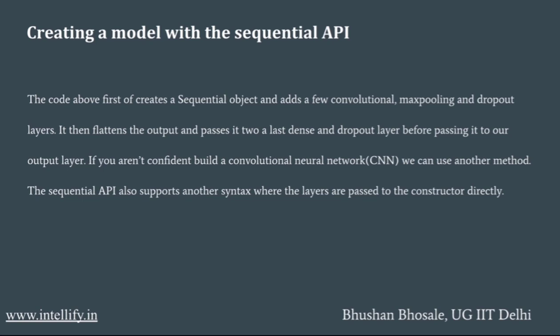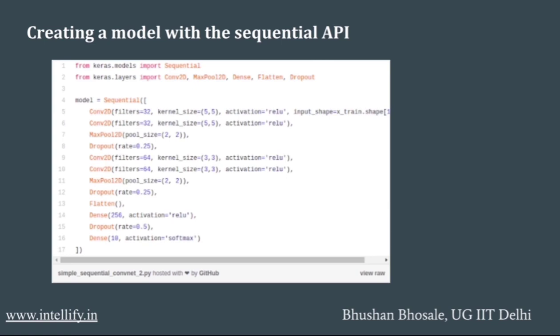The sequential API also supports another syntax where the layers are passed to the constructor directly. So we'll see how the layers are passed into the constructor itself. The code is exactly the same, just instead of creating the model first, we create it with a constructor and pass the layers into the constructor itself.